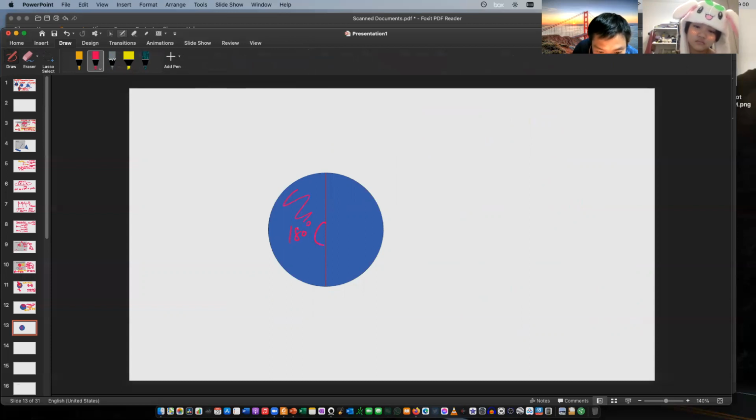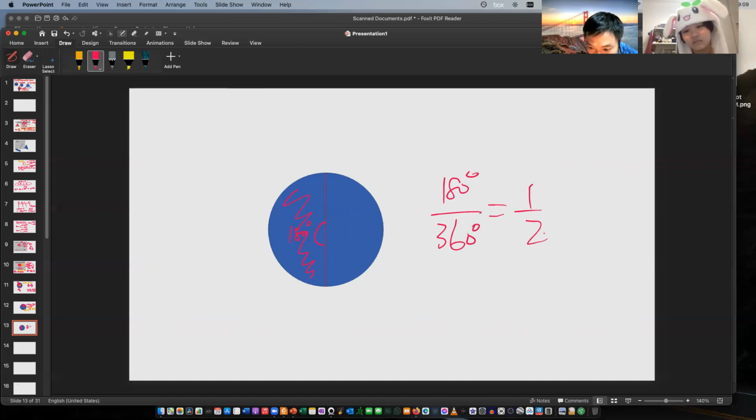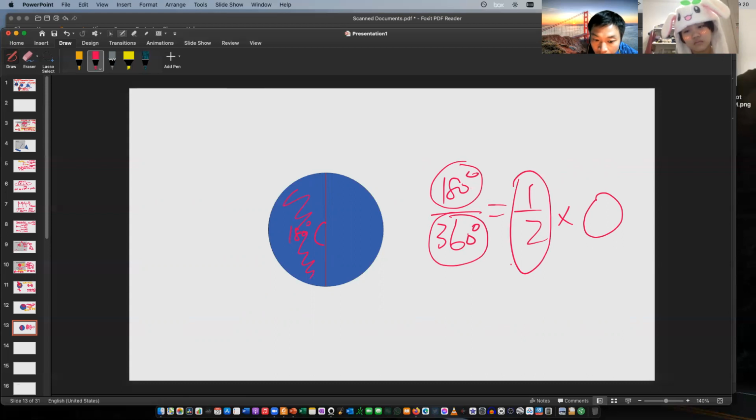So if you are asked to find the area of half a circle, can you not see 180 is actually half of the circle? That's why you take half times the circle. Can you see? 180 over 360 is half. Okay. Can you see? This is 180. So 180 over the 360 is half.